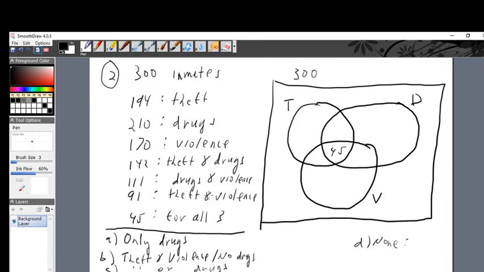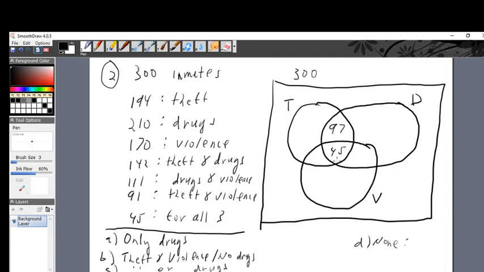So now let's go to the 142 that were for both theft and drugs. 142 for theft and drugs has to be minus 45, because these 45 are for all three. They have to be subtracted out. What's 142 minus 45? It's 97, belongs here.